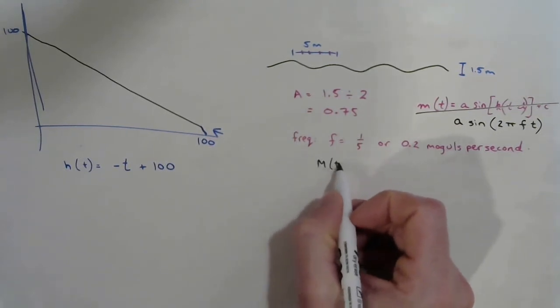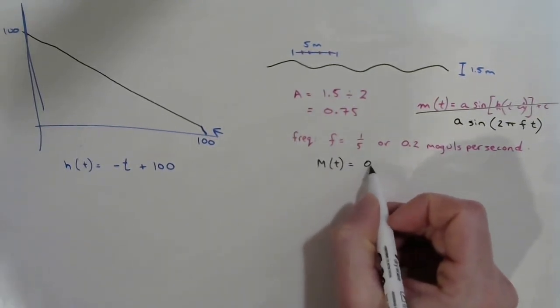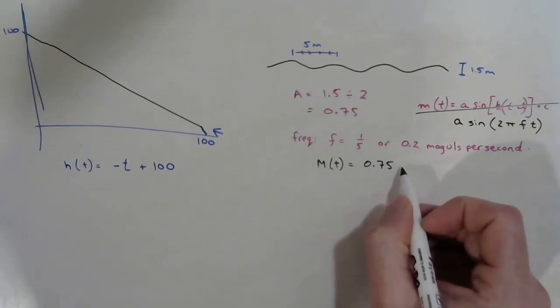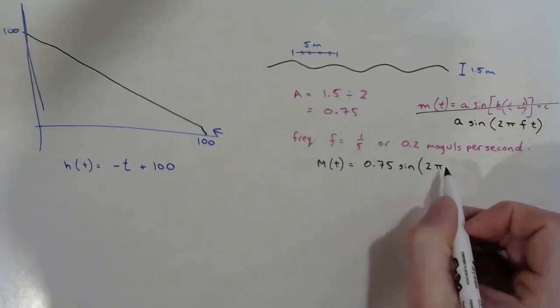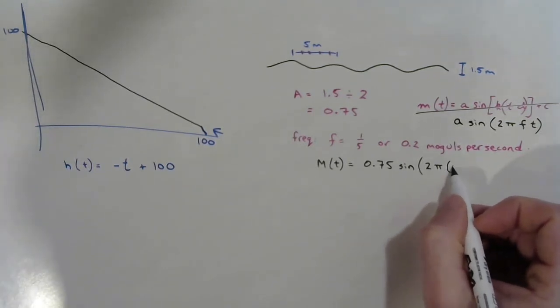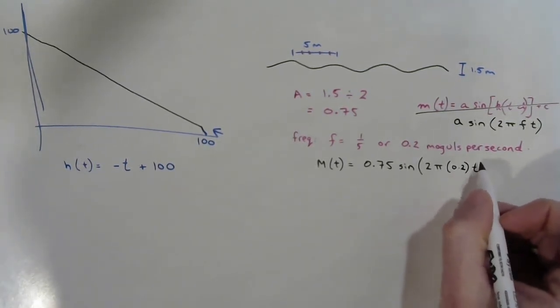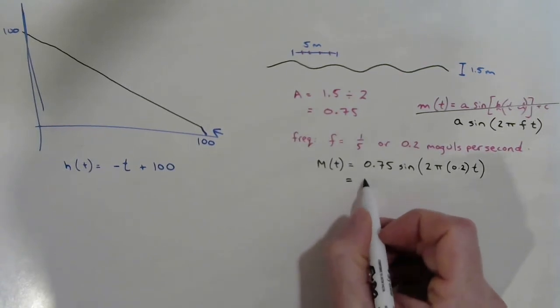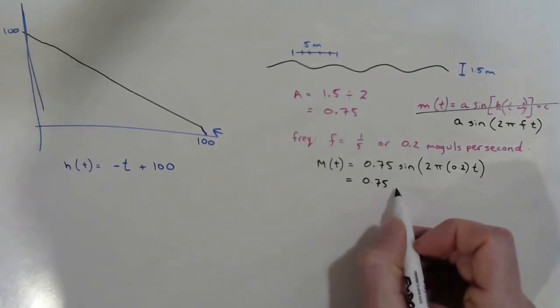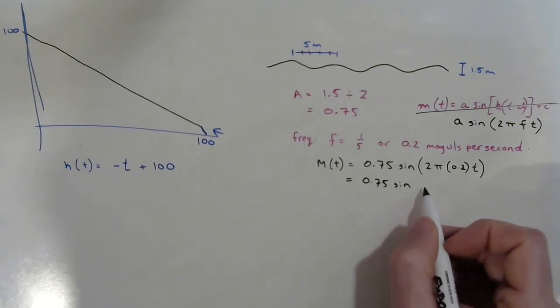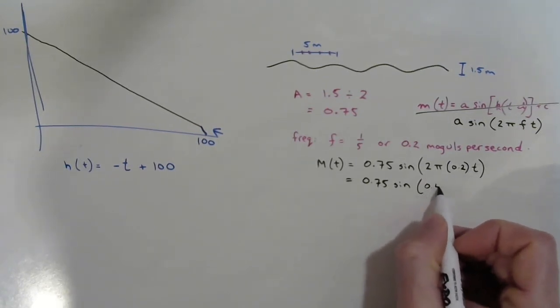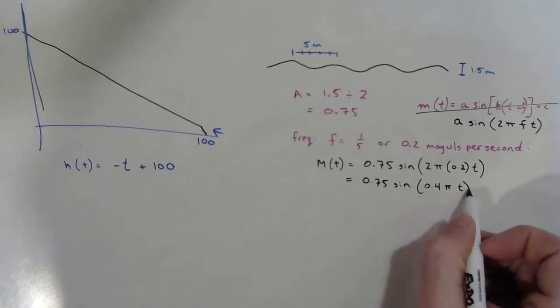Our moguls with respect to time then, 0.75 times the sine of 2 pi, frequency is 0.2 t. Simplify this, 0.75 times the sine of 2 times 0.2 is 0.4, 0.4 pi t.